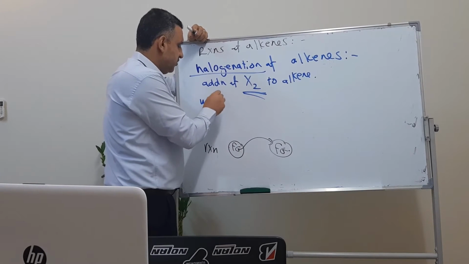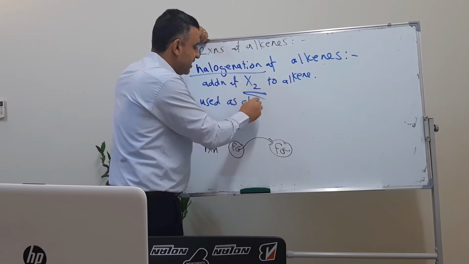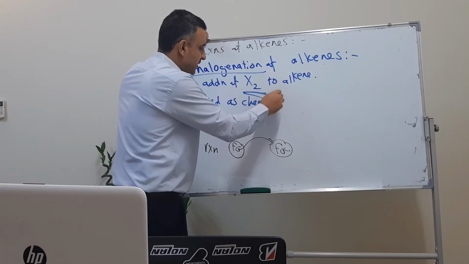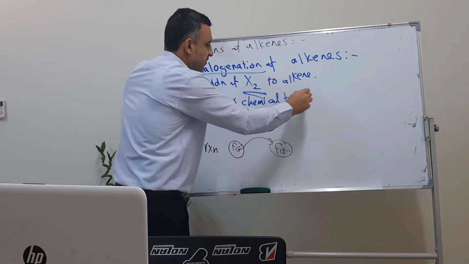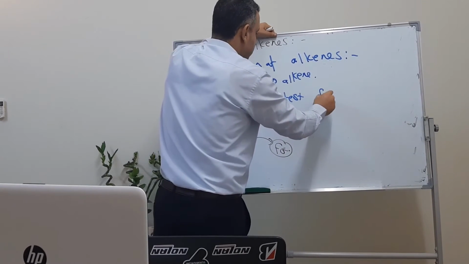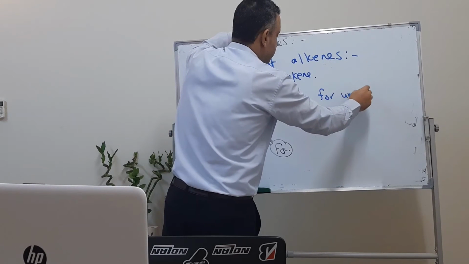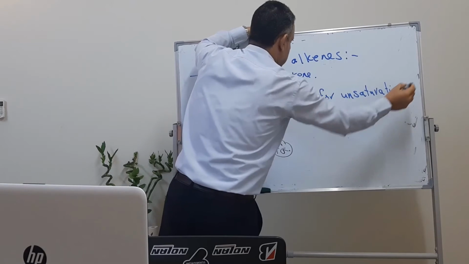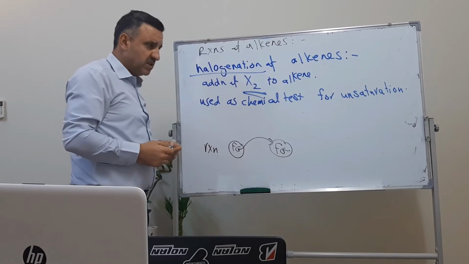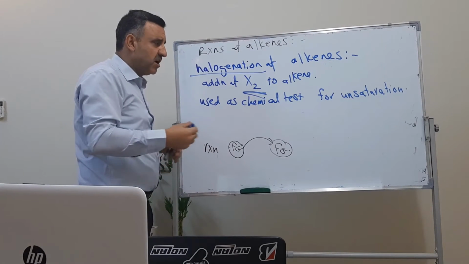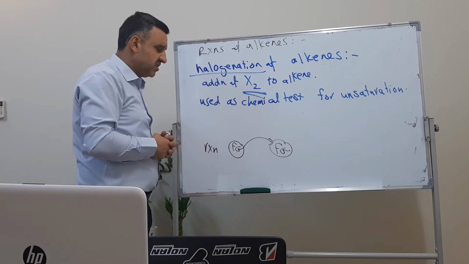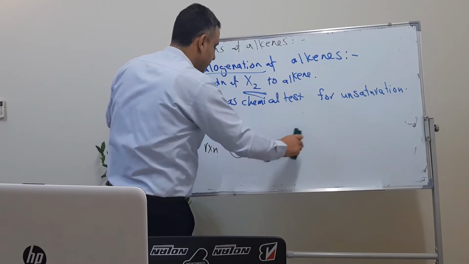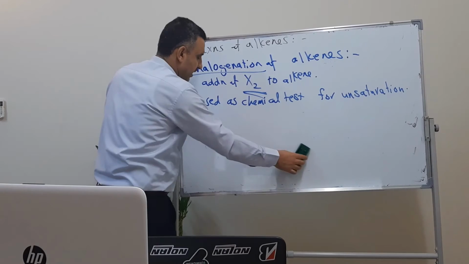This reaction is used as a chemical test for unsaturation, which means the presence of a double bond or triple bond in a compound. We will see how and why.